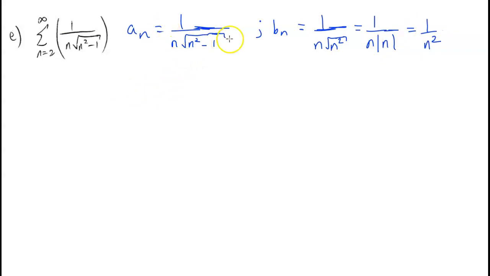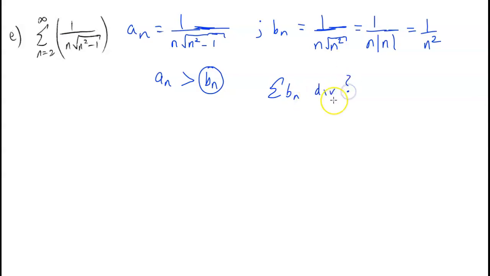So in this case, since I have this -1 here, and there I just have n times square root of n squared, the a sub n sequence is going to be the bigger one this time. Since a sub n is the bigger one, I am hoping that the b sub n sequence relates to a series that diverges.